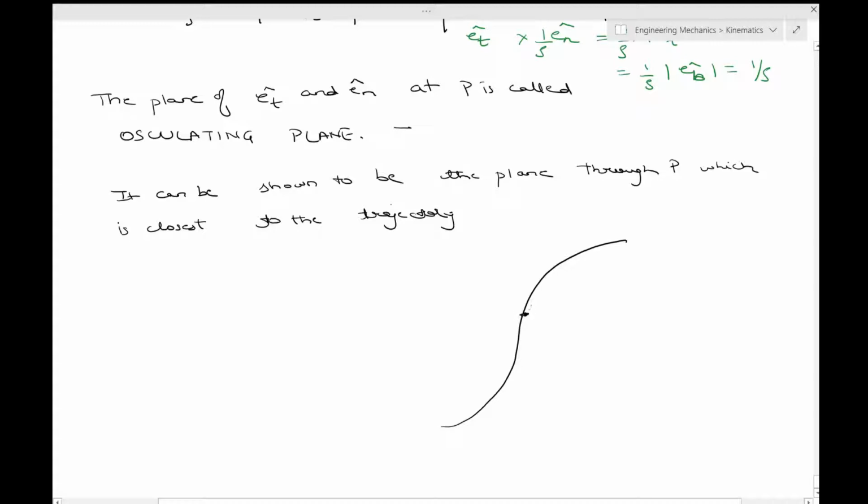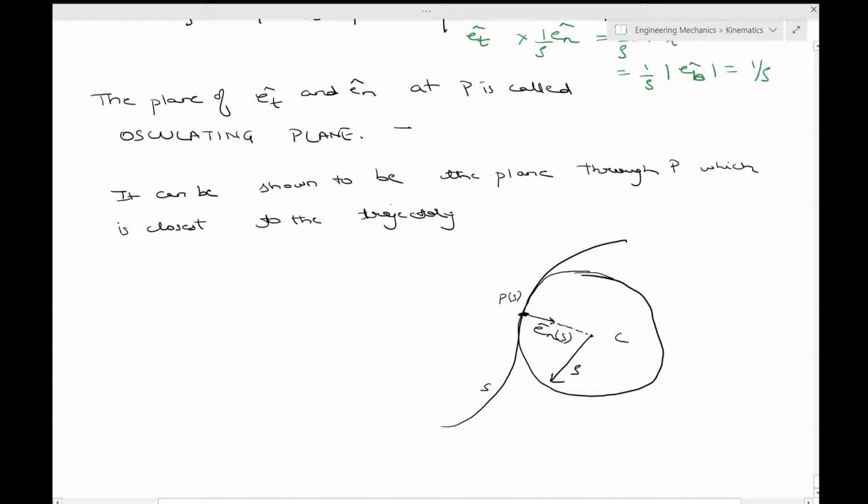This is the point P of S, and this is the center C. The En is directed towards this all the time, and we always write it as En of S because it's valid at this point S. Then the radius of curvature is rho. En here is the principal normal.